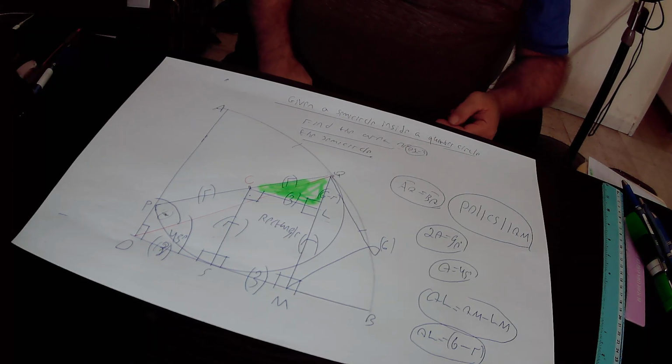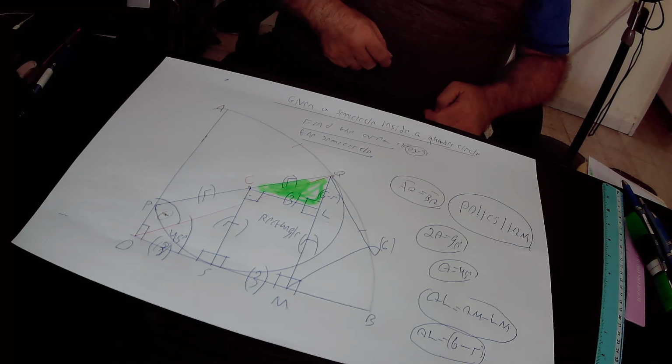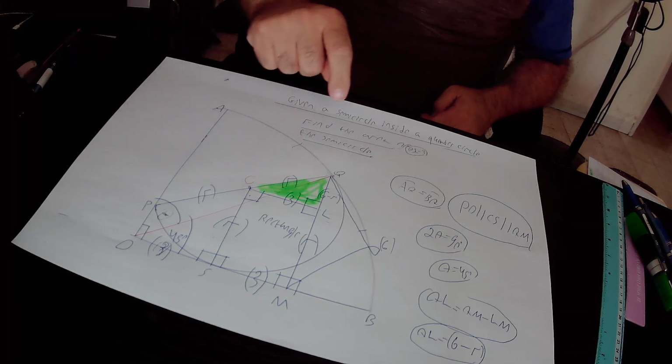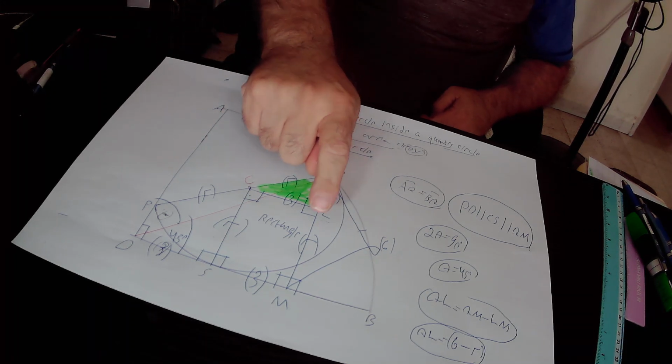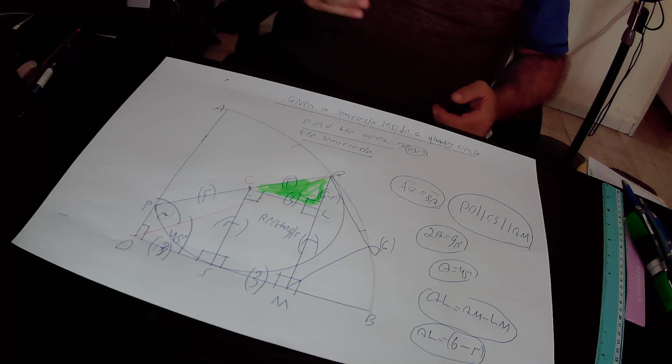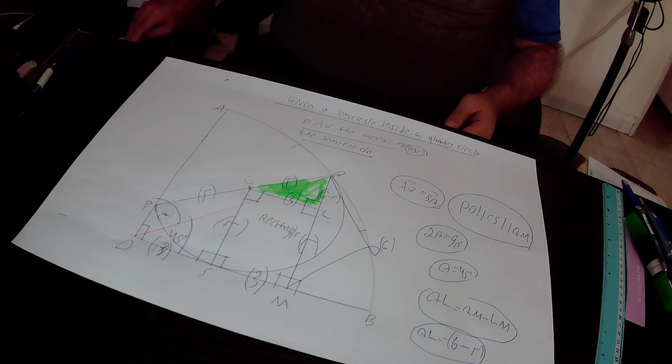Whenever you have three or more parallel lines, and you also have line segments that connect the parallel lines, in this case QP connects the three parallel lines, and also MO connects the three parallel lines together, then you can apply this theorem.